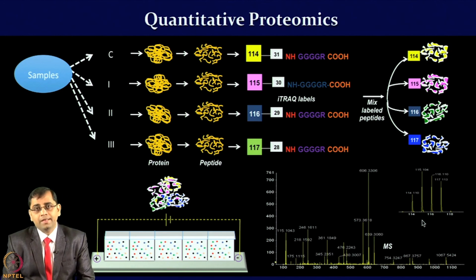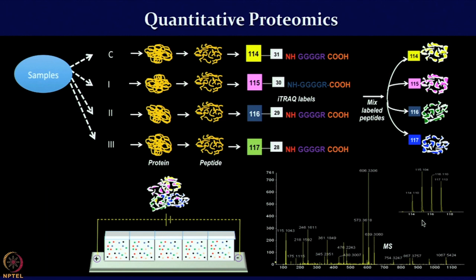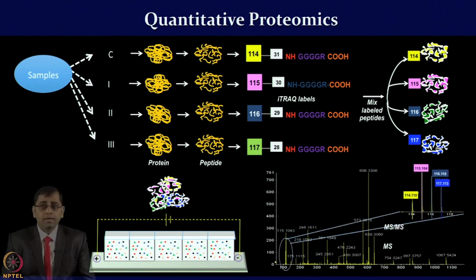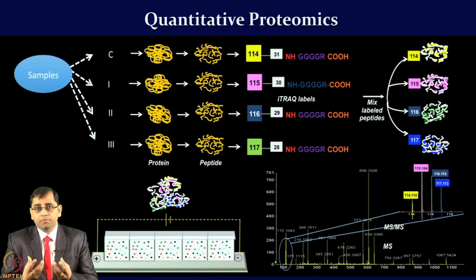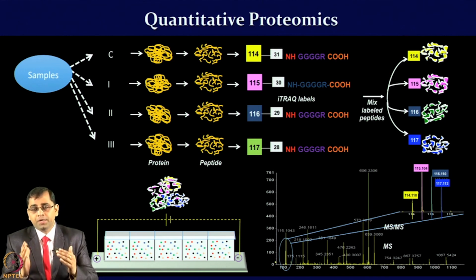I have shown you here one example of using isobaric tags, which are known as iTRAQ, or isobaric tags for relative and absolute quantification. Let us take a simple situation where we have control samples along with 3 different grades of disease, and we want to analyze what changes are happening for each protein or each peptide from the healthy individual to the patients having low grade, middle grade and high grade of any cancer.